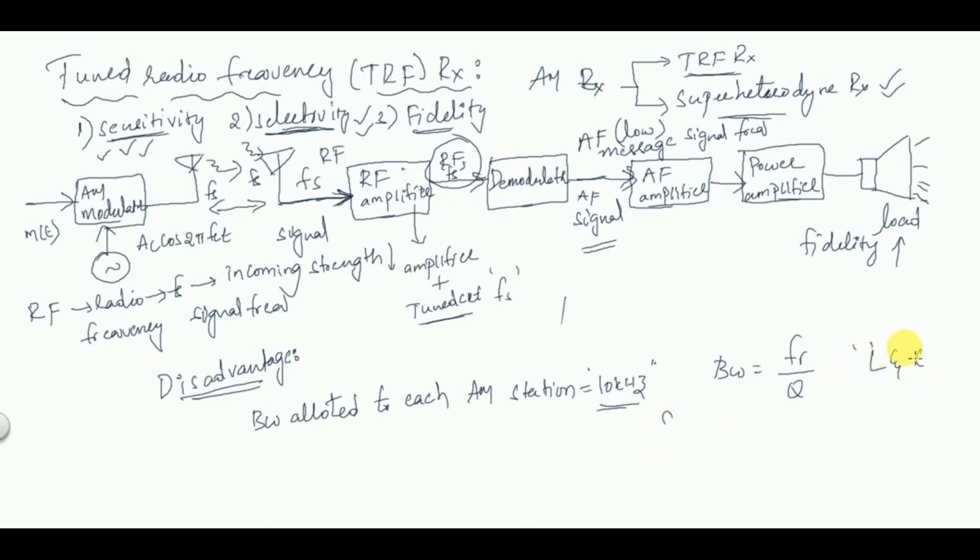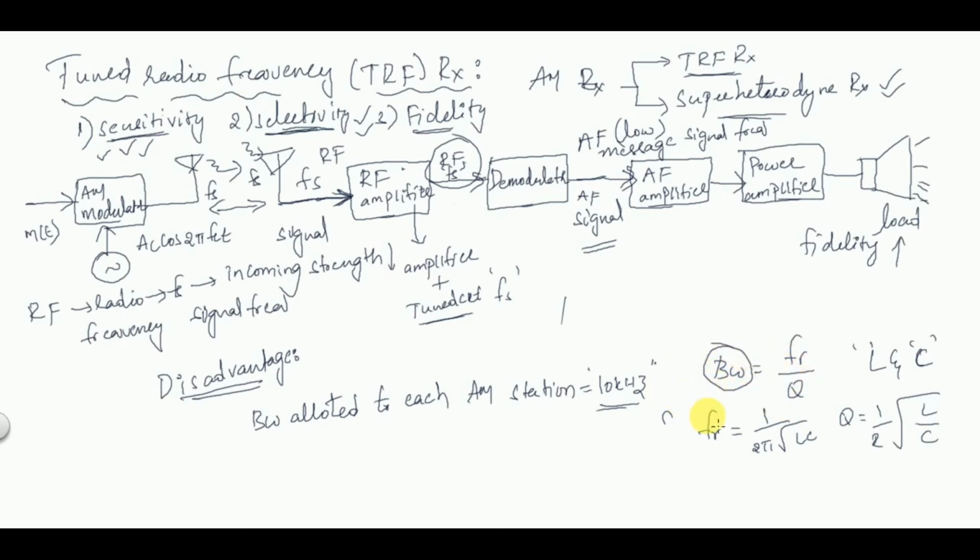The tank circuit consists of L and C components, that is, inductor and capacitor components. So from the resonance concept, we know that FR is equal to 1 by 2 pi root LC and Q is equal to 1 by R root L by C. Okay, so from the resonance concept all this occurs, so all these formulas we will be getting. So bandwidth is equal to FR by Q.